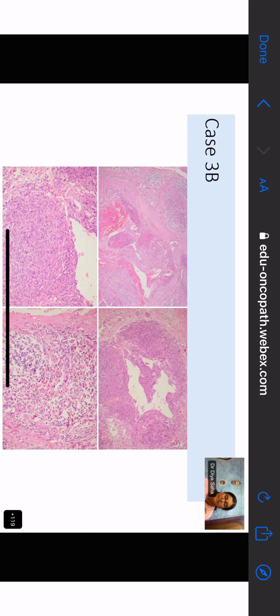Dia, and hemangioma is a tumor of what? Blood vessels. Endothelial cells. So you see spaces lined by endothelial cells? Ma'am, I thought the blood vessels were lined by endothelial cells. Which blood vessels?